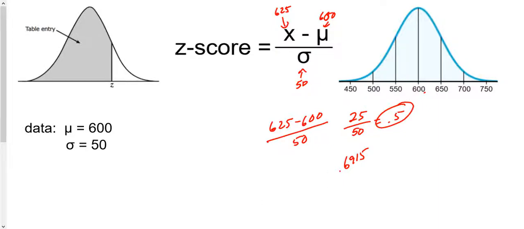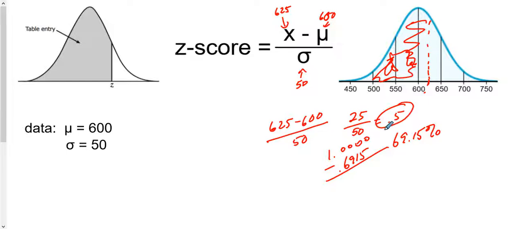Okay, so we're looking at 625 being right here. To the left of this line, all of this data out here is 69.15% of the data. Now, if they ask for right side data, we would just take this away from 100, or 1, however you want to do that: 1.0000 minus this, or 100 minus this.